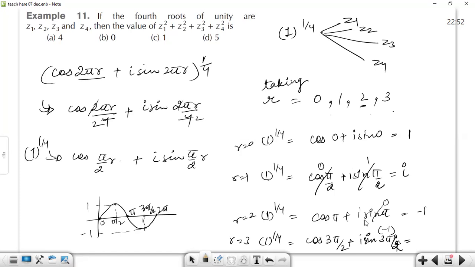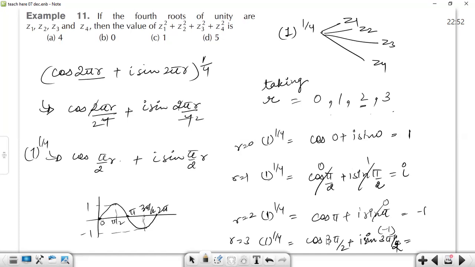On all odd multiples of pi by 2, cos is 0. And on all multiples of pi, sine will be 0.